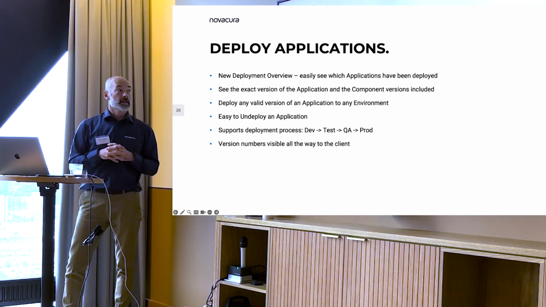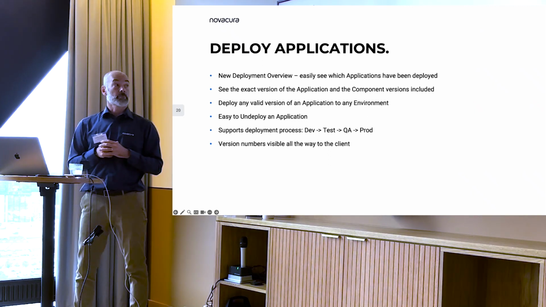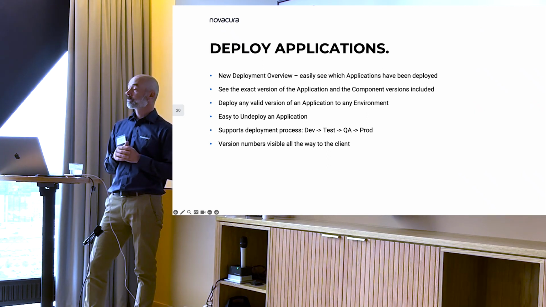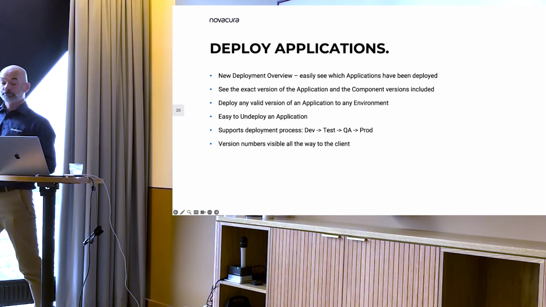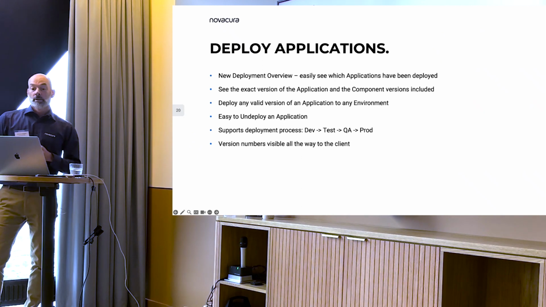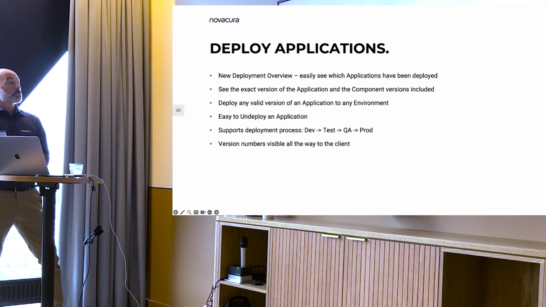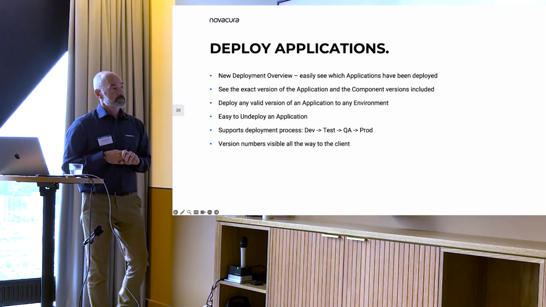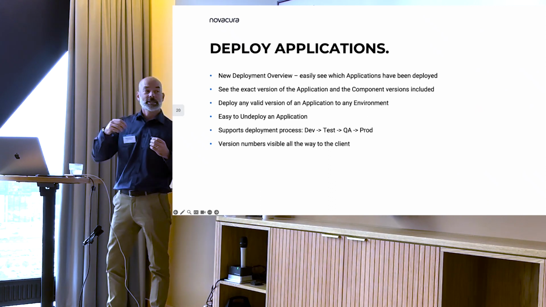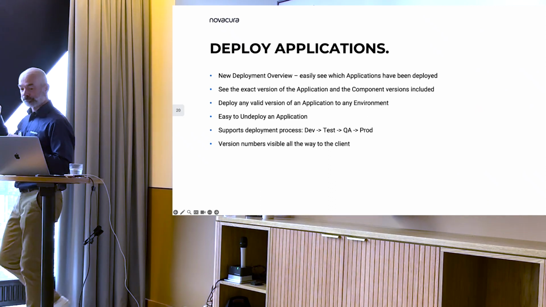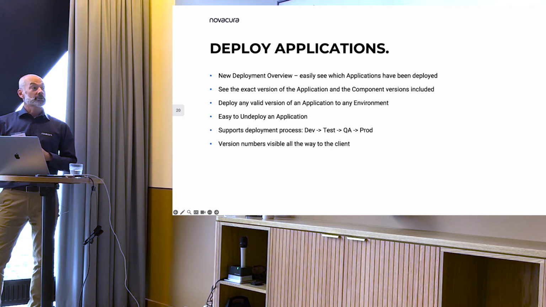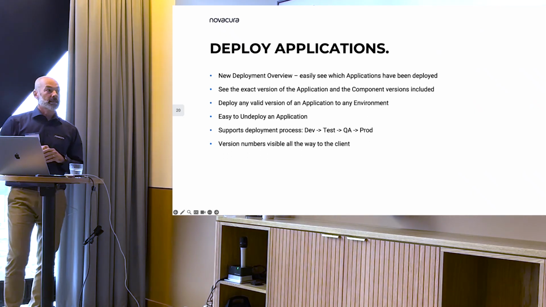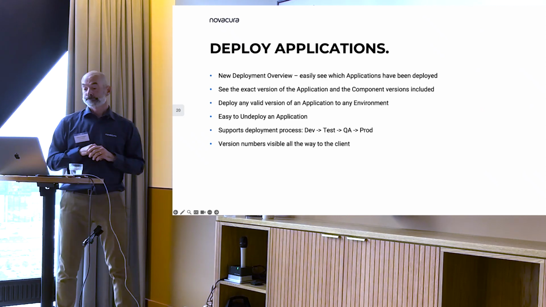We can deploy any valid version of an application to any environment, and it's easy to just undeploy an app as well. We can now support the deployment process of going from dev to test to QA to prod. And version numbers are visible all the way to the client.